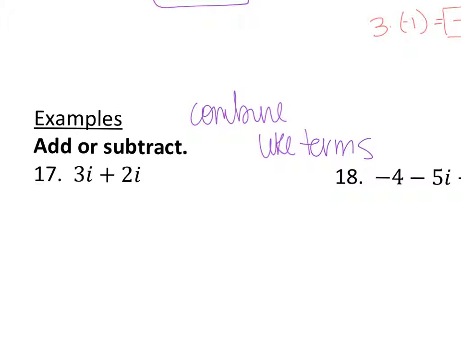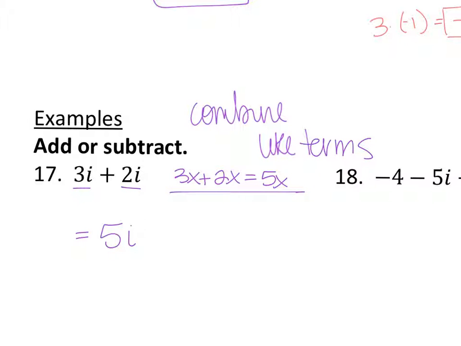Okay, so you're going to combine like terms. Now, just like an x value, if this was 3x plus 2x, you'd get 5x. That is the same thinking you're going to use with complex numbers. So 3i plus 2i is going to be 5i.